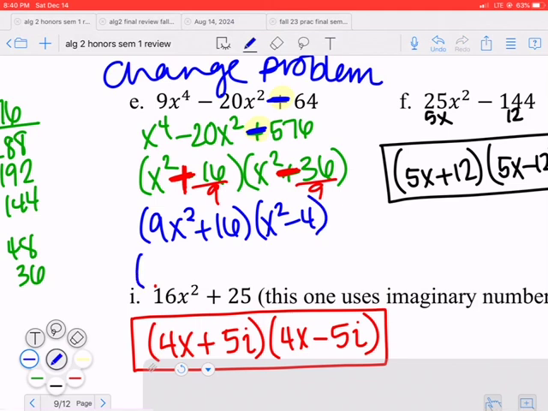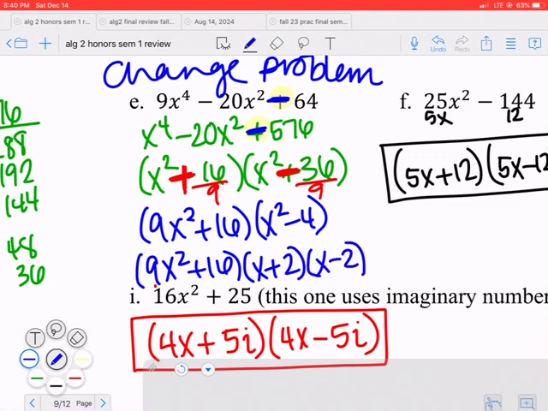So then, and I don't have a squared on my answer on that thing. Man, I really messed that up. 9x squared plus 16 times x plus 2 times x minus 2. Okay, so that's with the original problem being 9x to the fourth minus 20x squared minus 64.